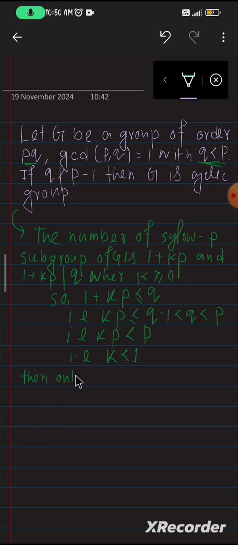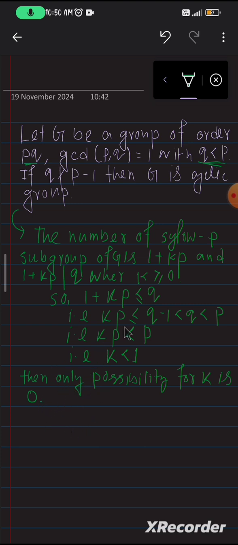So we see K is less than 1, and the only possibility for K is 0. Then what do we get?